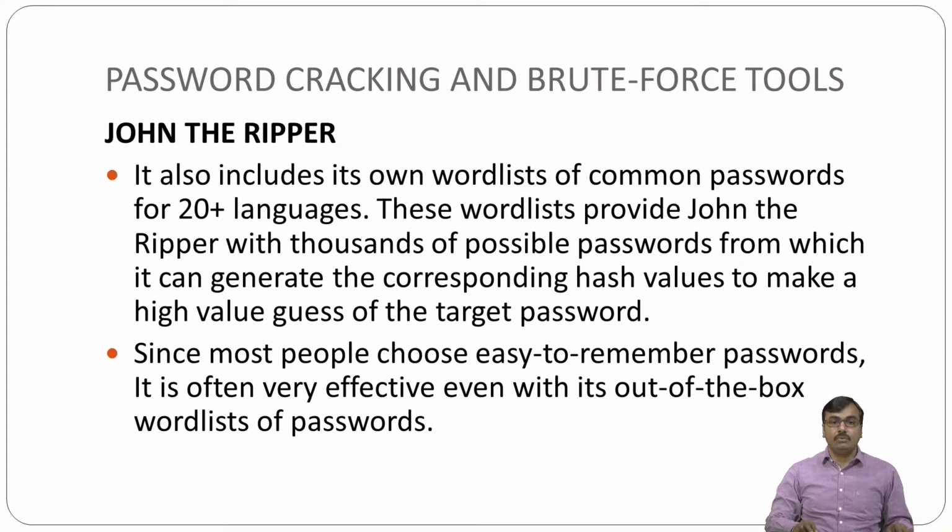This word list provides John the Ripper with thousands of possible passwords from which it can generate the corresponding hash value to make a high-value guess of the target password. And through that combination, we can achieve our password.